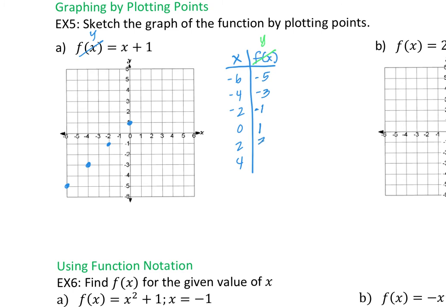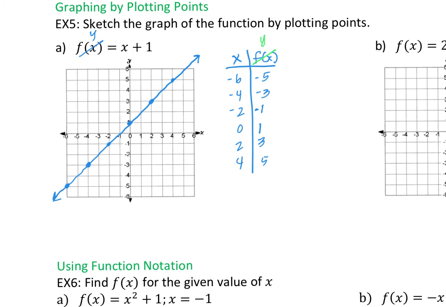So if we continue on, I see 4 would give me 5 on the y. I can clearly see that this is just going to be a straight line through the points, and if I keep putting in x values, it'll go on and on in both directions.